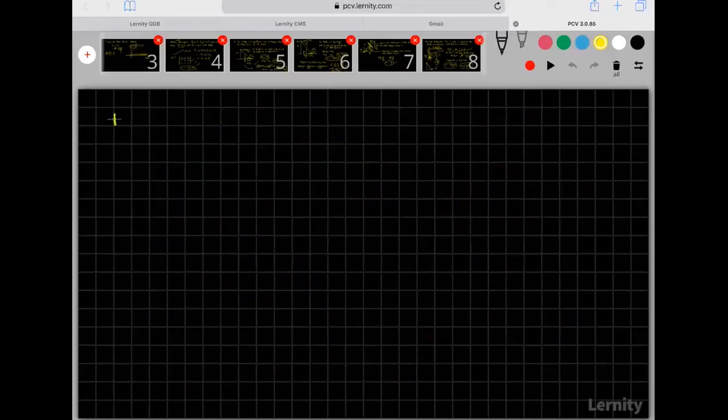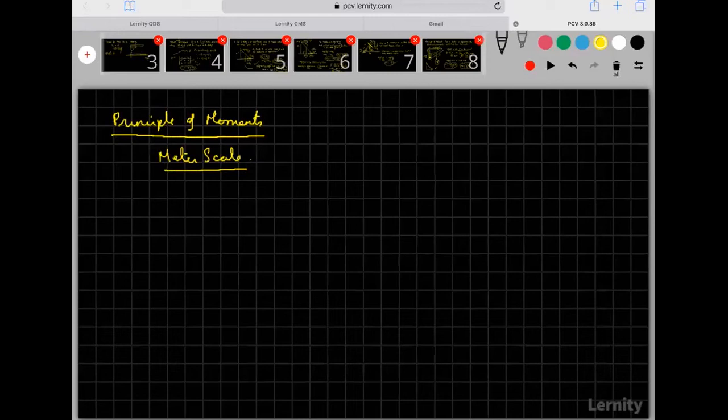On principle of moments, I feel that these questions are important questions based on meter scale. But for the past couple of years, no question has come here. But my duty is to explain, so I'll just explain it.